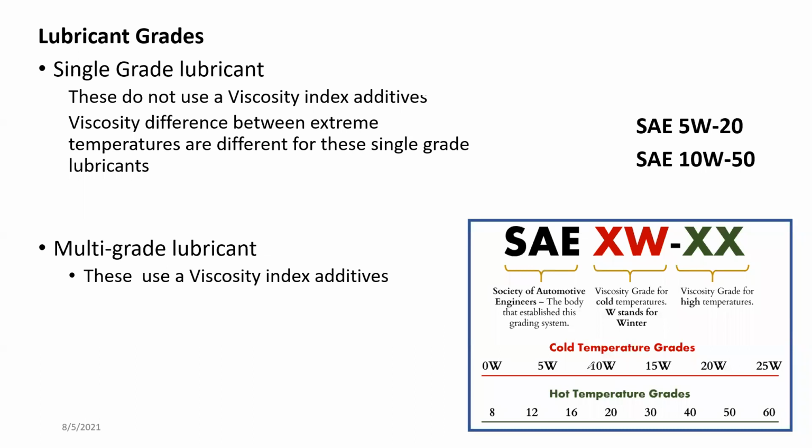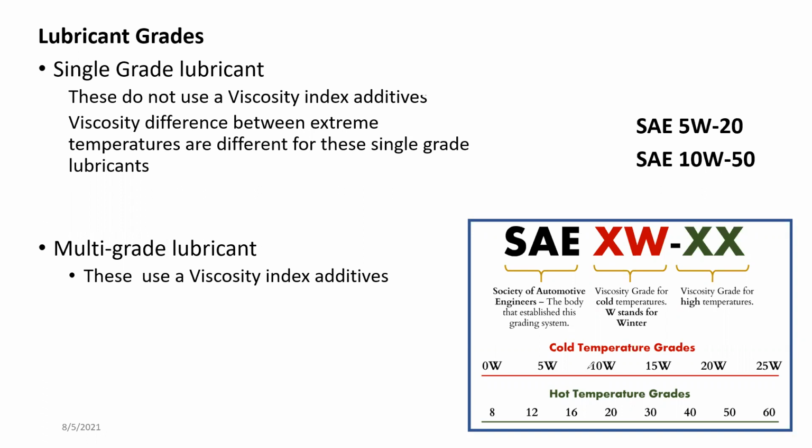Lubricants are graded based on the operation, based on what application they are suitable for, and the grading depends on the viscosity itself. You might have heard this a few decades back, we had only single grade lubricants.